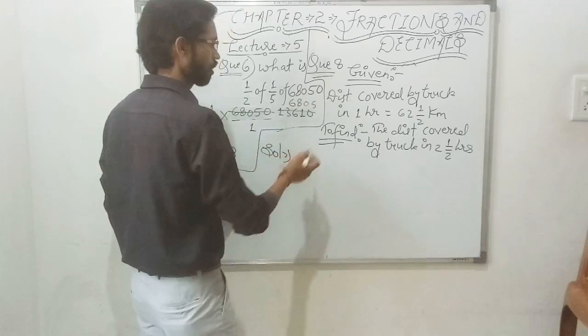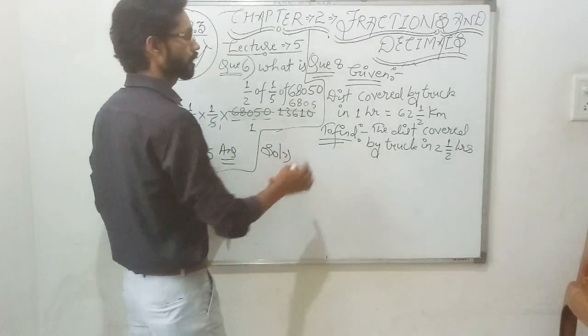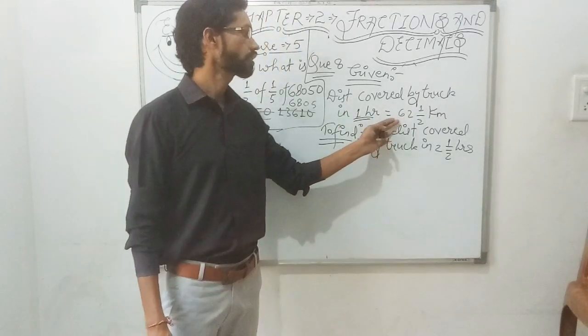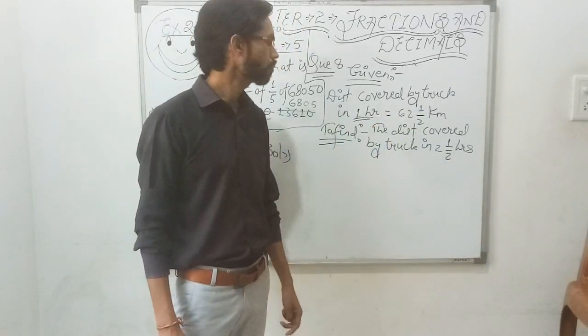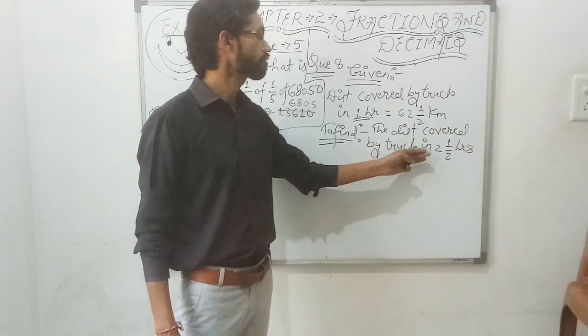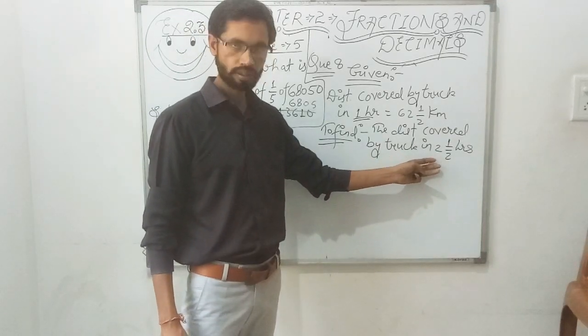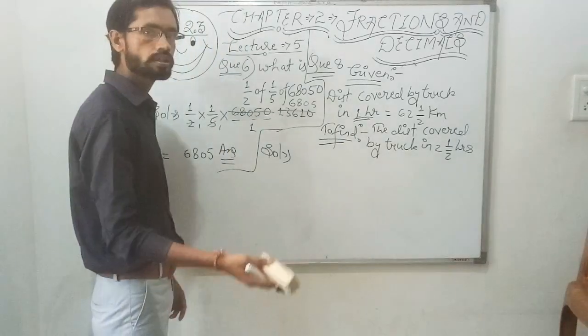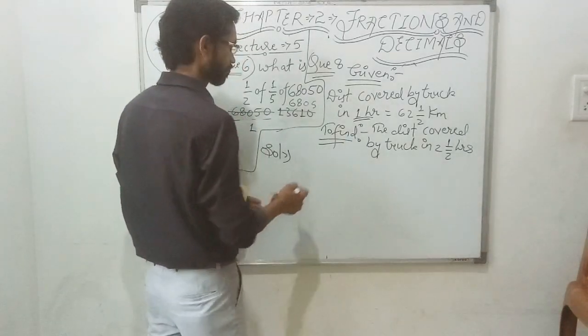Solution. It's not a big deal. See, when the truck is traveling for 1 hour, it is covering 62 and 1/2 kilometer of distance. And when it is traveling for 2 and 1/2 hours, how much distance will it cover? So what we have to do here? Simple, it's multiplication.